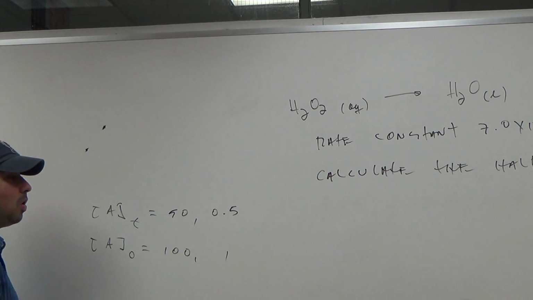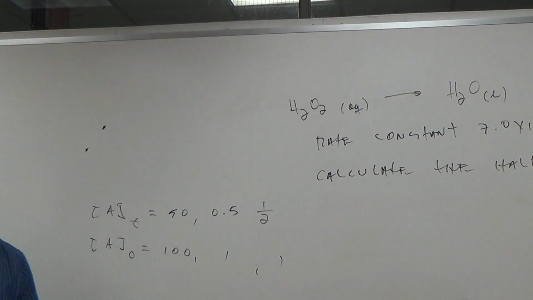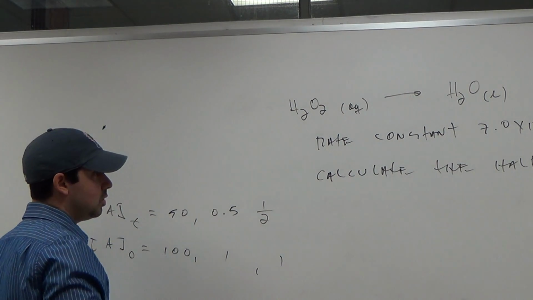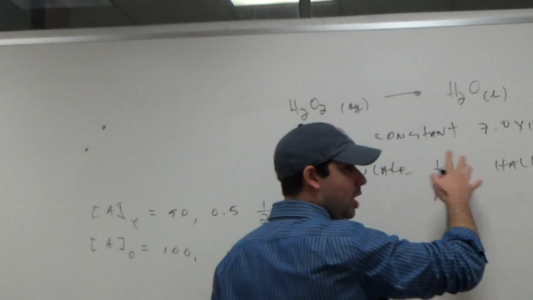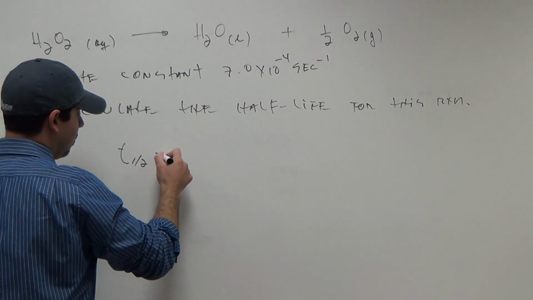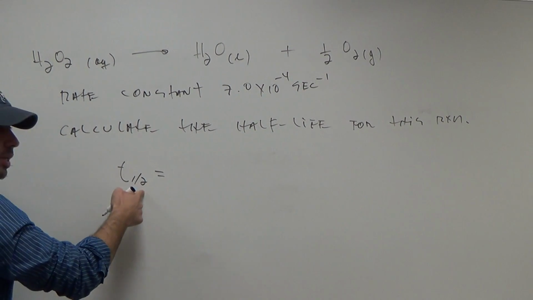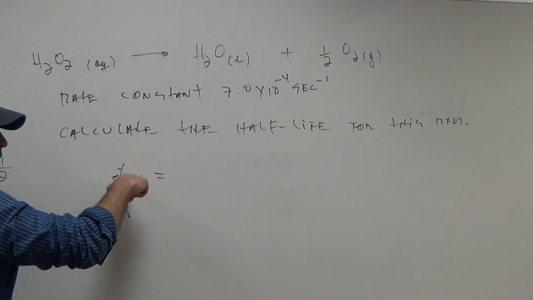That's where these numbers come from. So when we do the half-life, we already did this, and we solve for time. We say that this is time 1/2, indicating half-life.